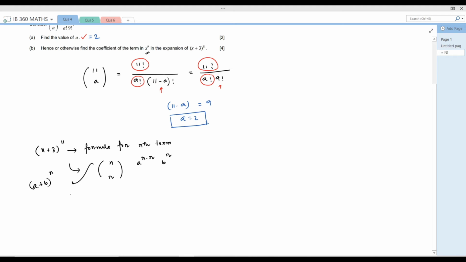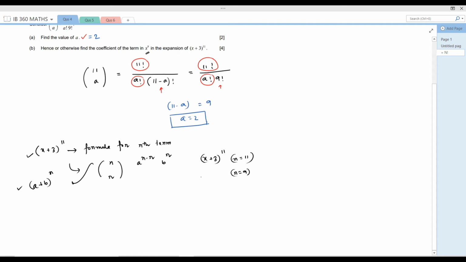Now we just need to compare these two equations and find the coefficient of x to the power 9 from x plus 3 whole to the power 11. So here n equals 11. Now r equals 9, this also we have got.